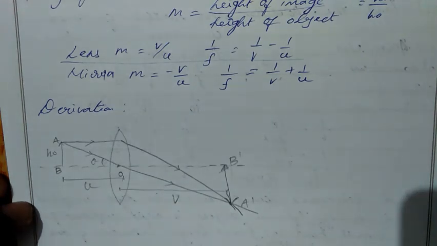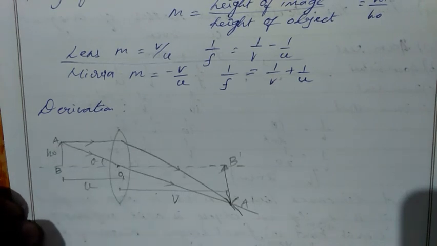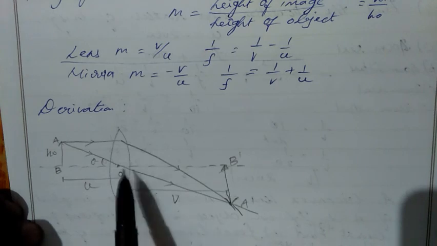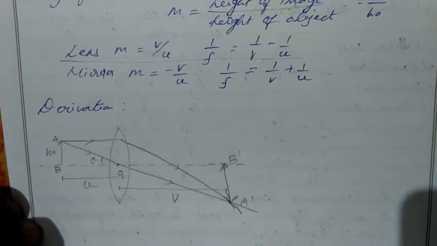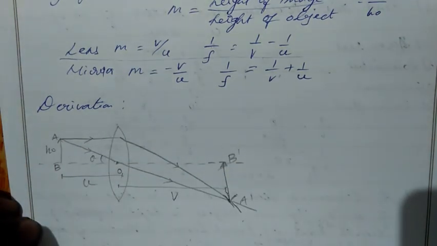So we will solve. Here the ratio of triangle AOB is exactly equal to that of triangle OB dash A dash. I am talking about the ratio. This is a small triangle, this is a big triangle, but the ratio is the same.